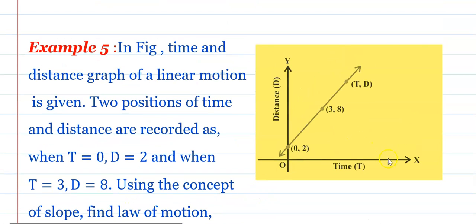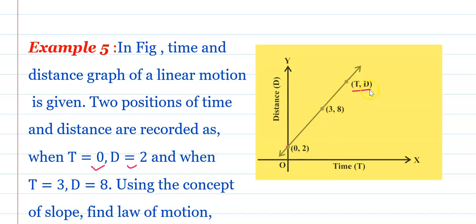Now see this, the coordinate geometry, the x-axis and the y-axis. On the x-axis we are considering the time, and on the y-axis we are considering the distance. In the first case the time is 0 and the distance is 2. In the second case, the time is 3 and the distance is 8.